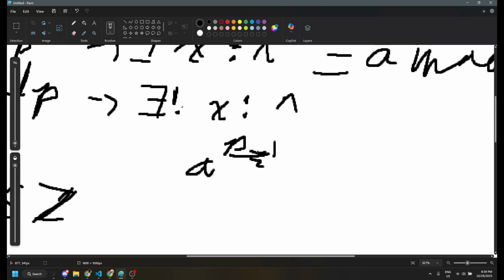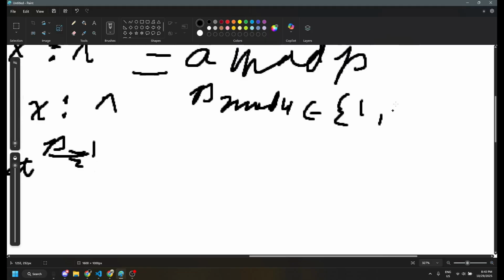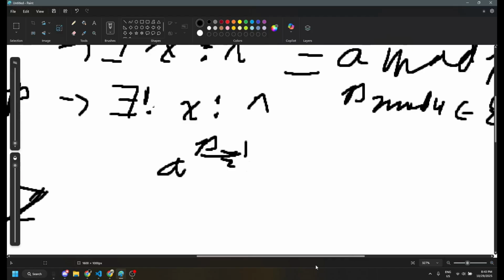I think we also need to think, plug in P with its mod 4 variant. And of course P mod 4 can only be one of these two, 1 or 3, because if it was 0 or 2, it would be divisible by 4 or 2.